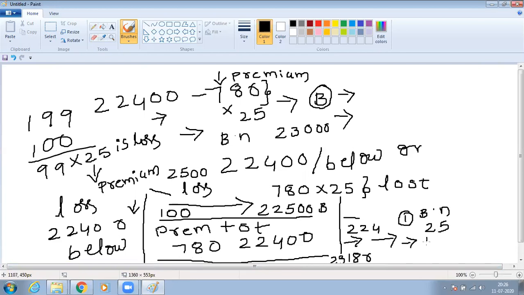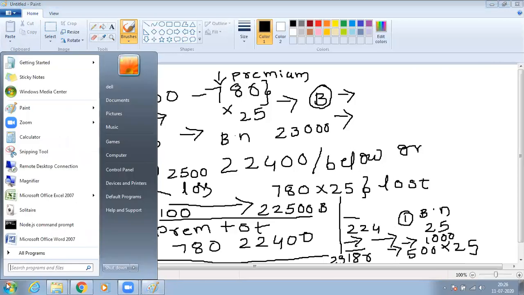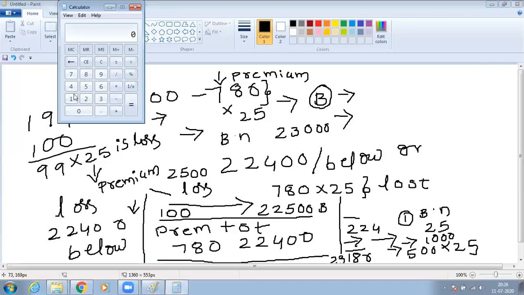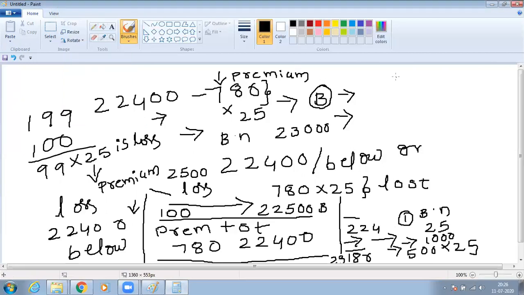Sometimes bank nifty increases 1000 points also. Say if it increases 500 after this level, 25 into 500, 12,500 will be your profit. So this is how you need to trade bank nifty call option.